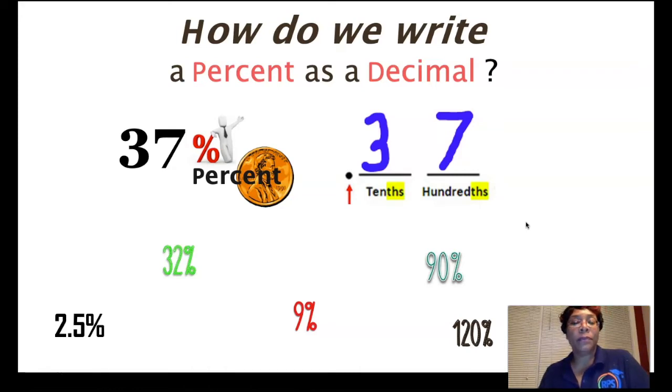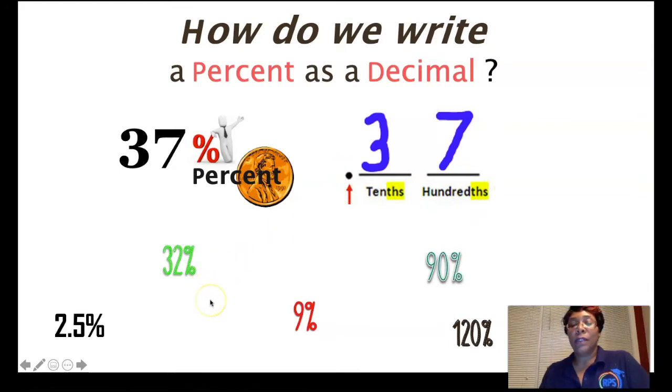So whenever you look at your percent sign, your decimal point, if it's not written in, you assume it's behind your ones digit. So if I look at this 37%, here is my decimal. I move it 2 place values and you see me jumping. Then my new decimal point is going to end up here. And I have it written as 37 hundredths, just moving my decimal point.